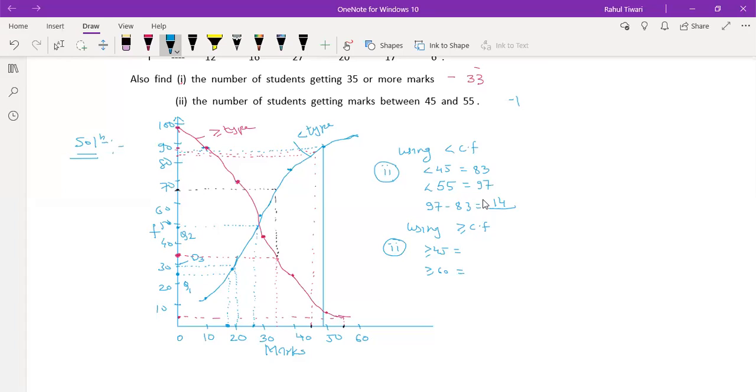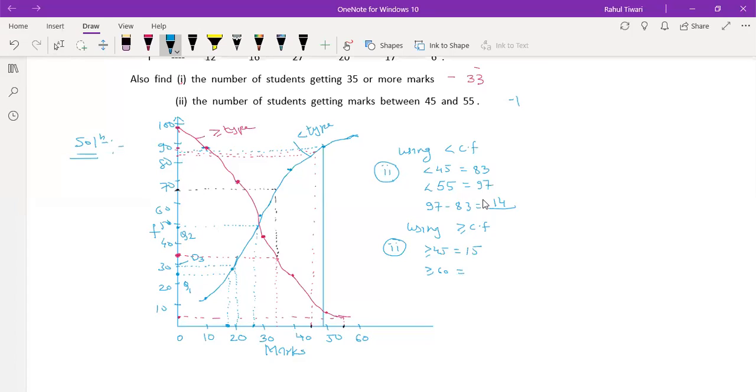Approximately 15. Okay, so let's take 15.